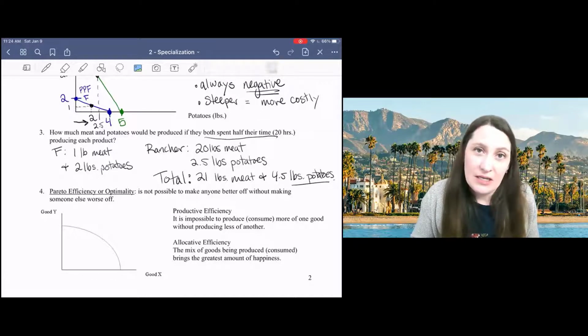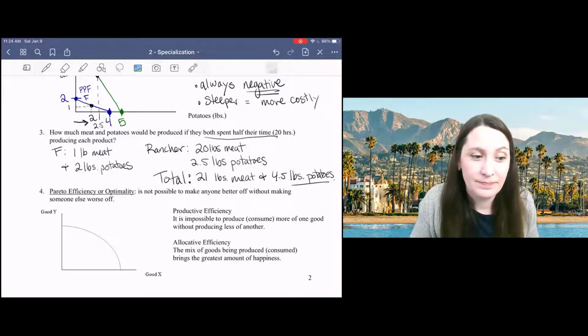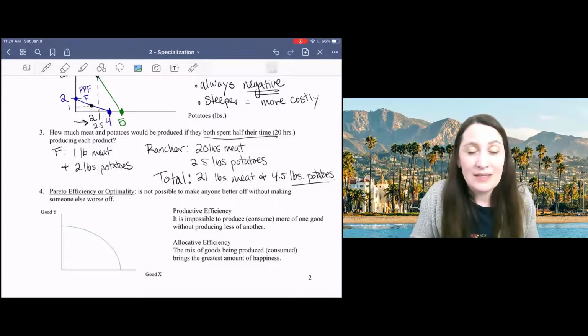Pareto efficiency is defined as a situation in which it's not possible to improve one thing without giving up something else. This is kind of a confusing definition, and I think the easiest way to understand this is to think about the converse.